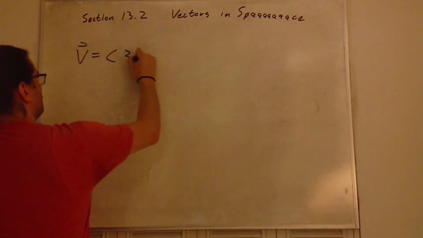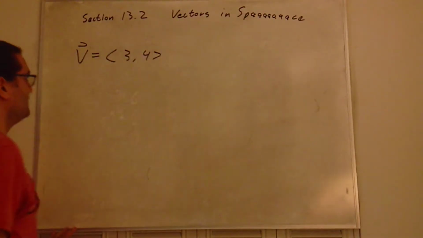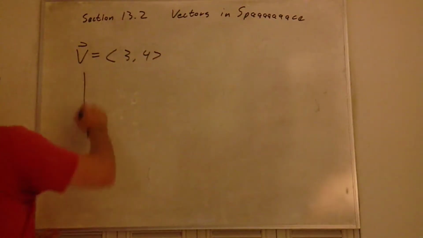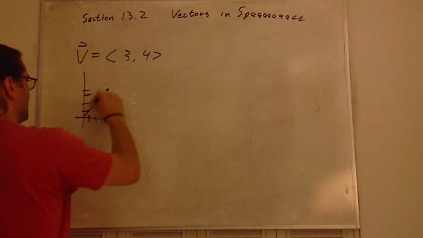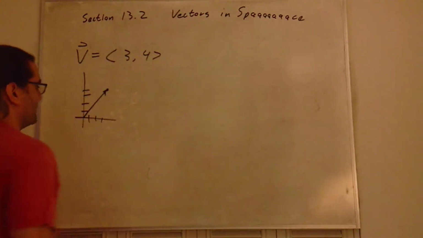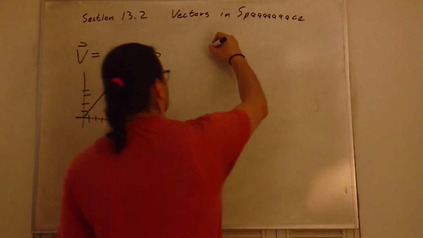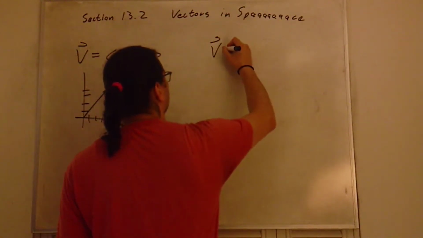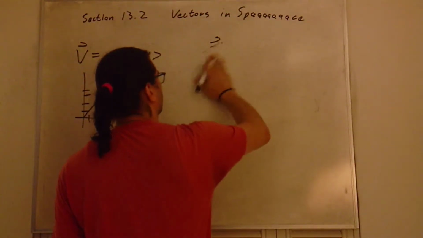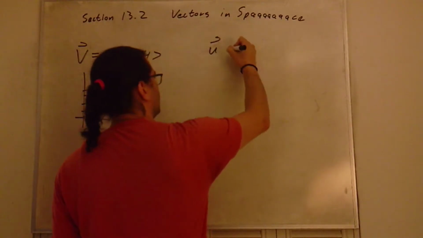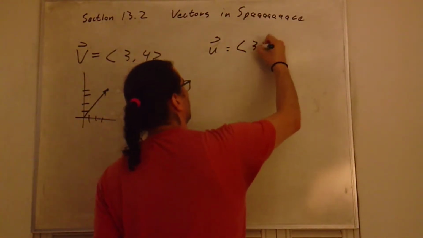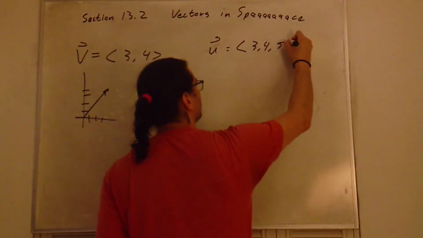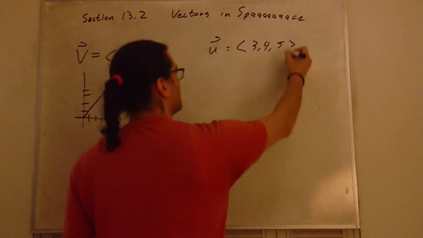As a two-dimensional vector, v equals ⟨3, 4⟩ is the vector that goes from the origin to the point (3, 4). There's v. As a vector in 3 space, ⟨3, 4, 5⟩, the first two things mean the same thing.